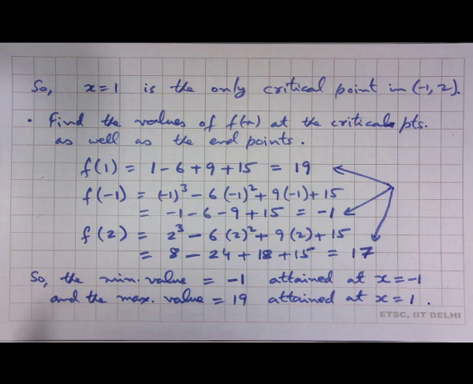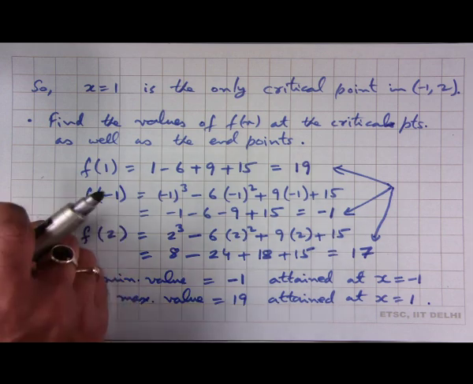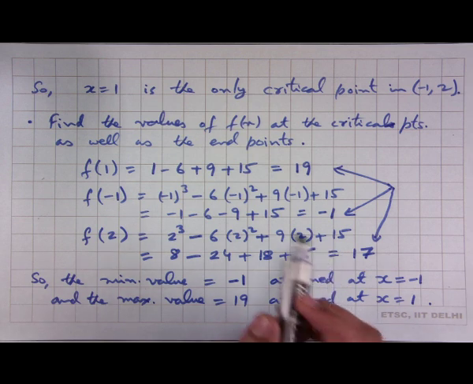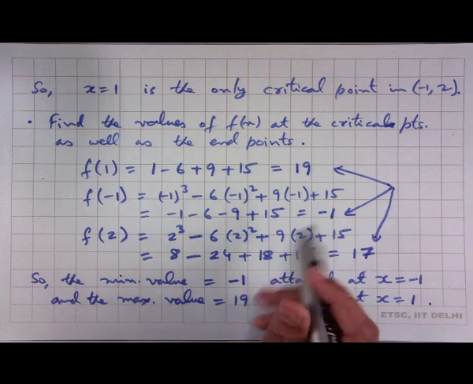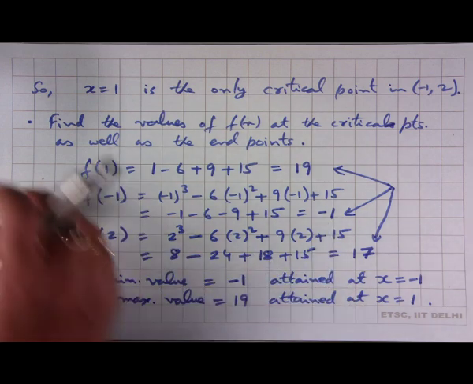Right. So, this example shows how to find the minimum value and maximum value of a continuous function on a closed interval.